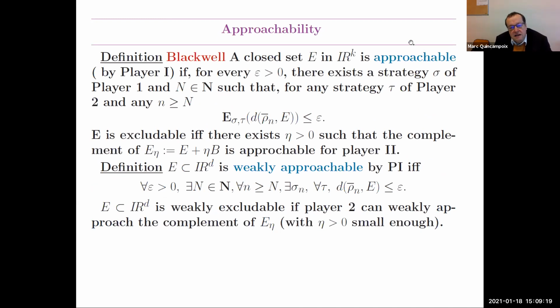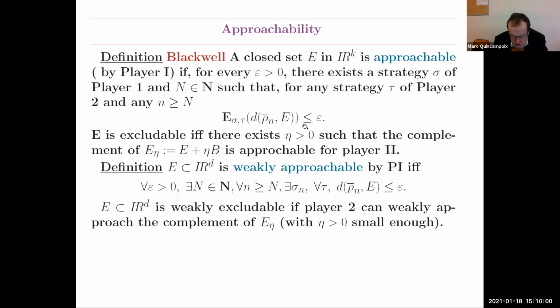So a closed set E in R^k is approachable by player 1 if for every epsilon there is a strategy of player 1 which allows the average payoff to be close enough to the given set E. Close enough means close enough in expectation, and d is the distance between the average payoff and the set E. So it's a distance between a point, a vector, and a set.